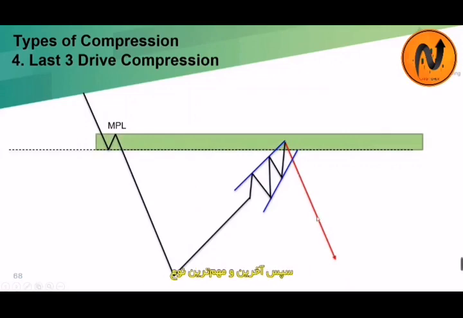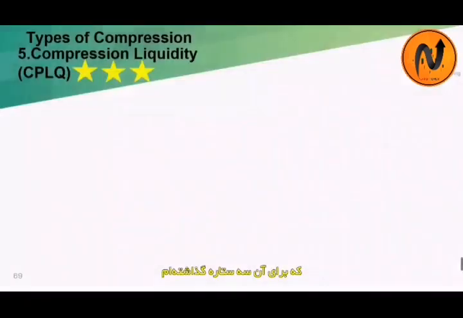Then of course, last but not least, you see that I put 3 stars over there. It's the compression liquidity, so we call it a CPLQ. When I put 3 stars, what does it mean?